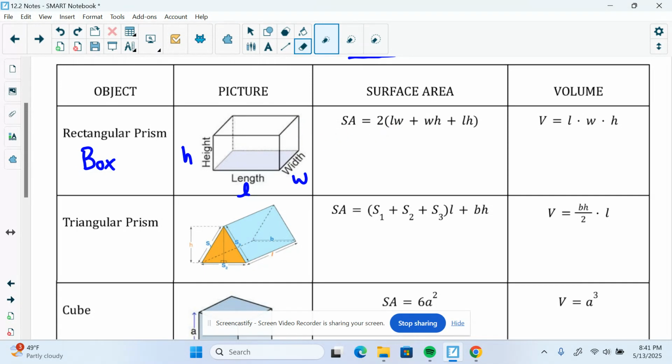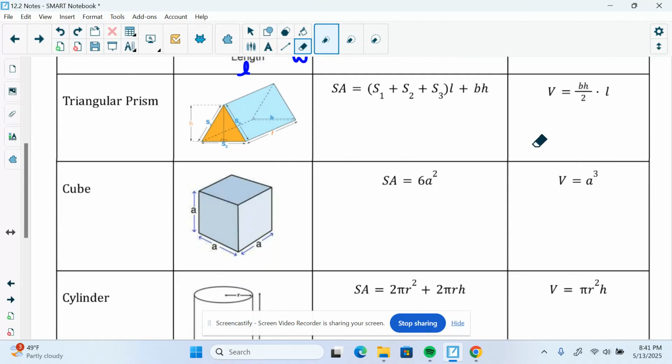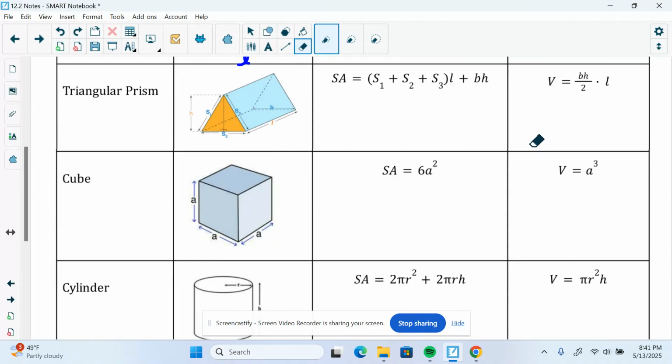Okay, next one is the triangular prism. It's a little bit more complicated looking. We do have the triangle as the base here, and it's the same size as the triangular base back there.